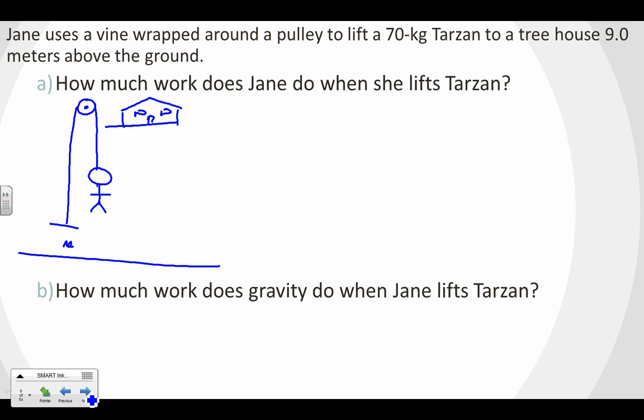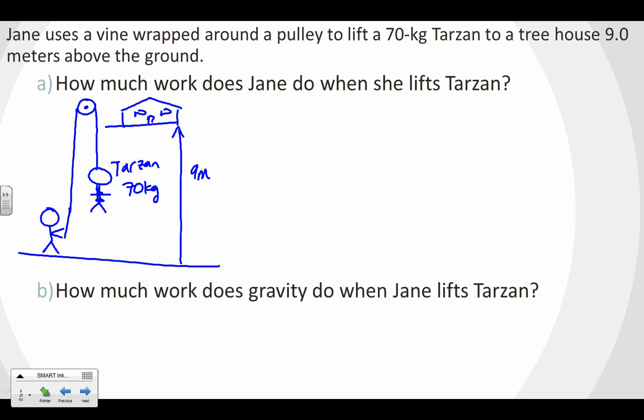No, it's wrapped around his waist, right? That didn't improve the situation. The waist is down here. So whatever, Jane's down here, and she's doing this pull thing. So here's Tarzan, and he weighs 70 kilograms, and he's going up to the treehouse, and that treehouse is 9 meters up. It really doesn't matter how attractive your drawings are. You could do dots for people. I started with squares. That was probably a better idea.